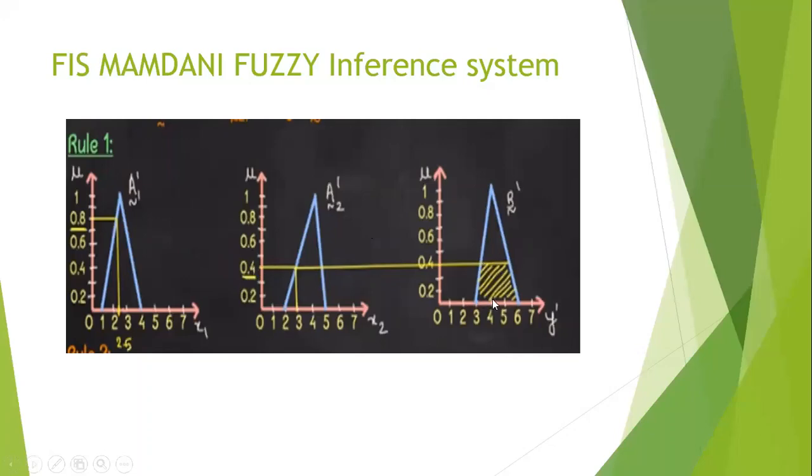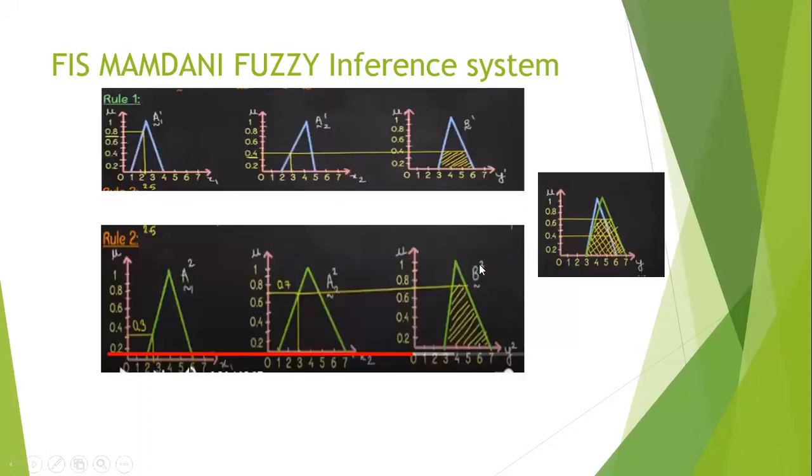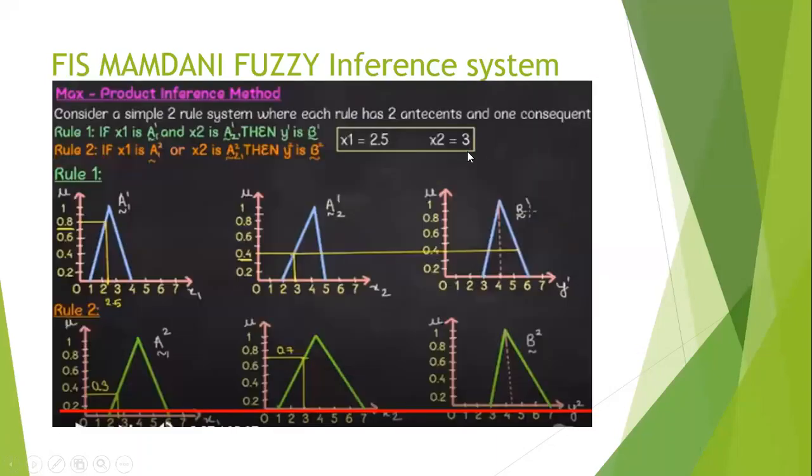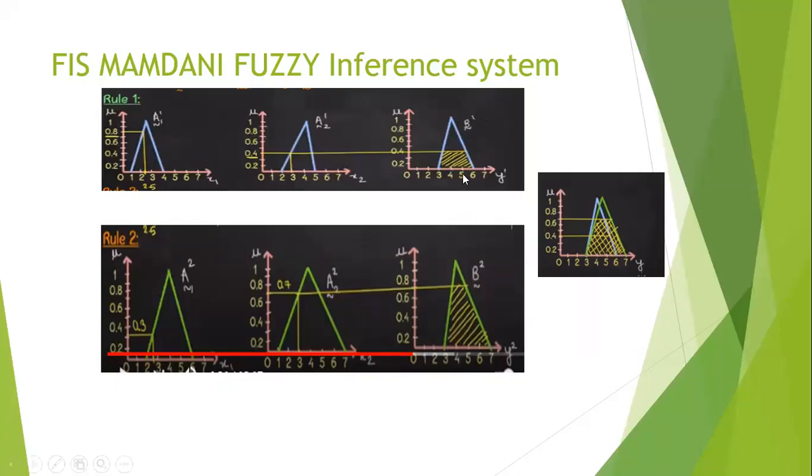Which is the minimum value? Corresponding mapping of 0.4 in your output gives you B1, this trapezoidal area, in max minimum method.